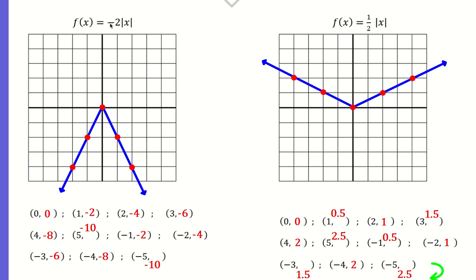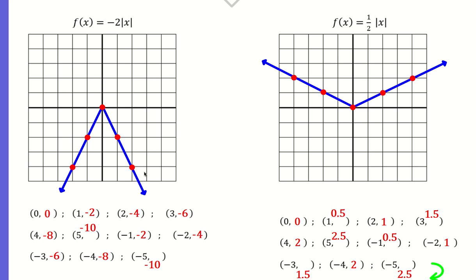Now, maybe you're guessing that it's because a negative number was being multiplied, and that's it. There you go, bingo. If you have a negative number out here being multiplied to the absolute value, then it's going to flip your v upside down. And maybe you also noticed that the slopes are not just up 1 over 1.